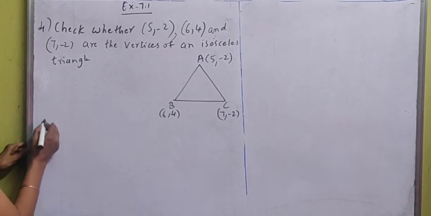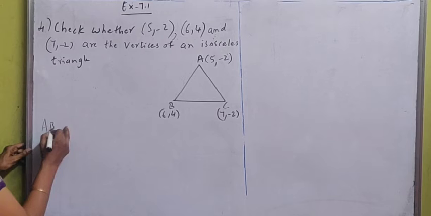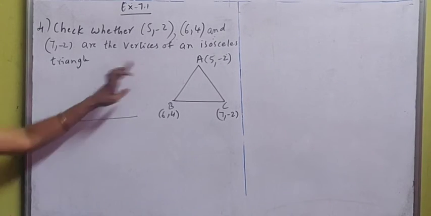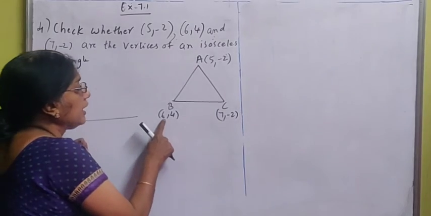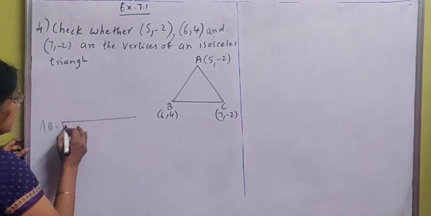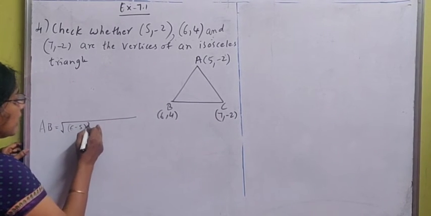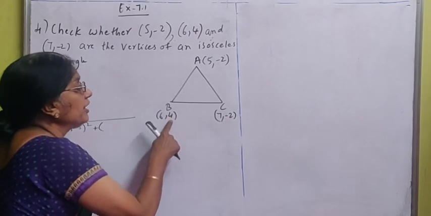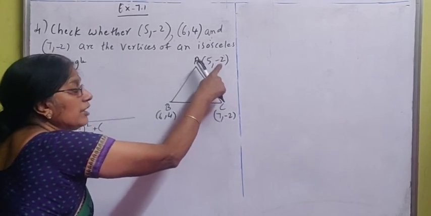So first we try to find the distance for AB. AB means what? X coordinate of B minus X coordinate of A. So it will be (6 minus 5) the whole square plus (y coordinate of B minus y coordinate of A).